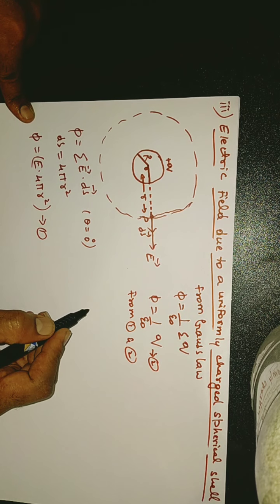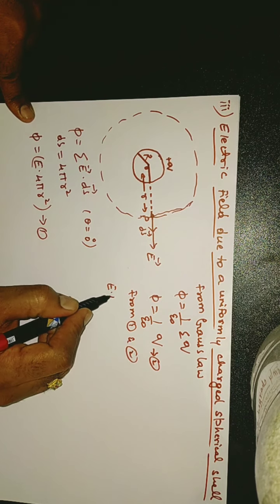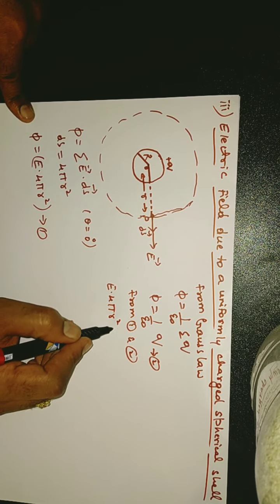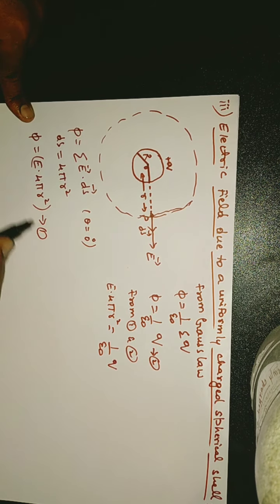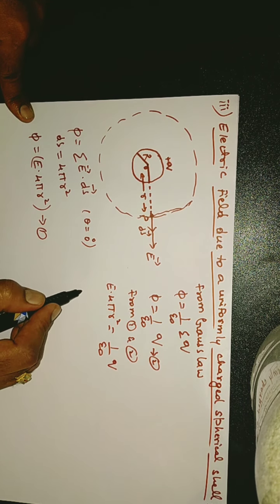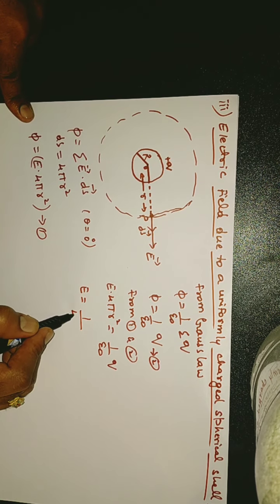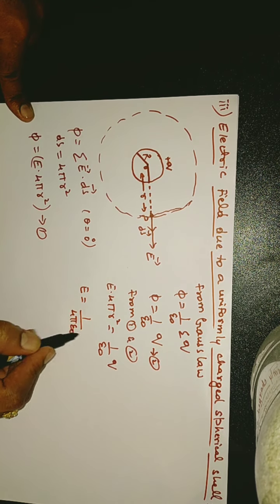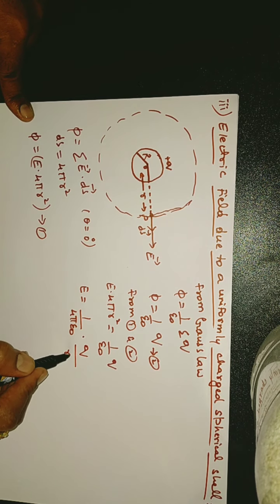So, you may write that E into 4 pi r square is 1 by epsilon naught times q. Or, E is equal to 1 by 4 pi epsilon naught into q by r square.